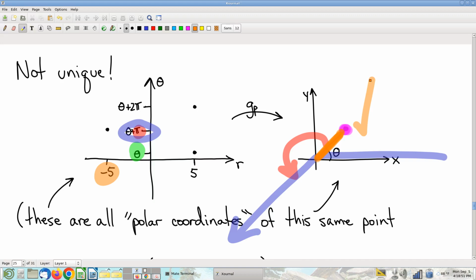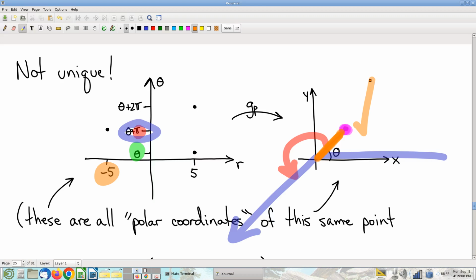So there's kind of 2 different categories of different polar coordinates for a given point. There's what you might call the right direction, plus go around an extra 2 pi as many times as you want.